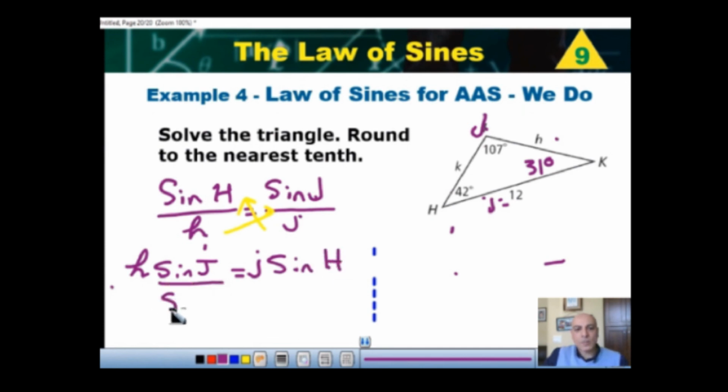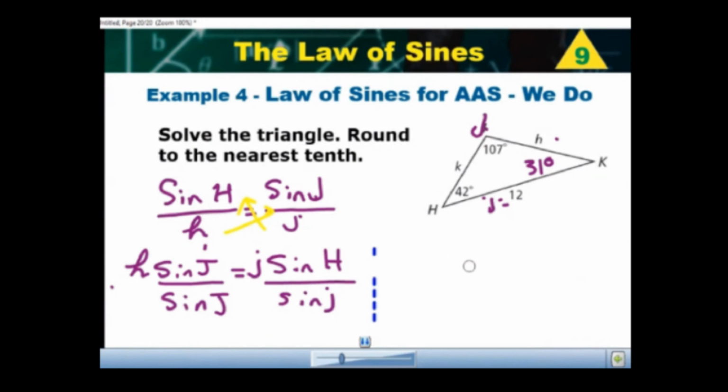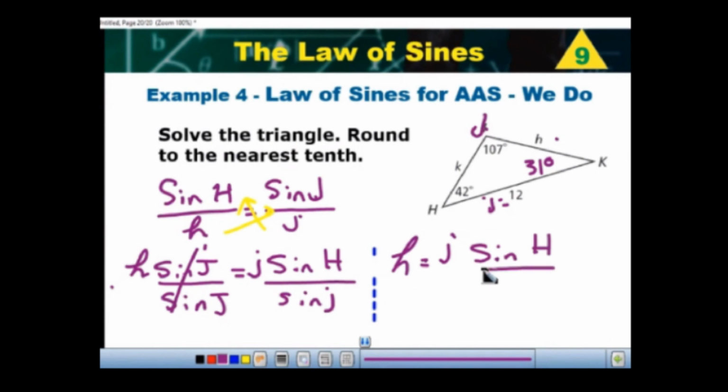Okay. And divide this by sine j. Obviously, now we're looking for H by itself. It'll be j sine H divided by sine J. This is an uppercase J, by the way.